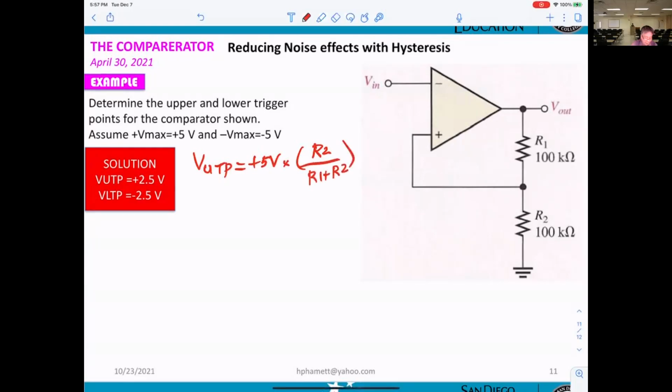So that's how you get plus 2.5 volt. Right. And if you calculate the lower trigger point, same thing, only they say it has to be minus 5 volt times R2. Okay, there we go. That's the first step you have to do.